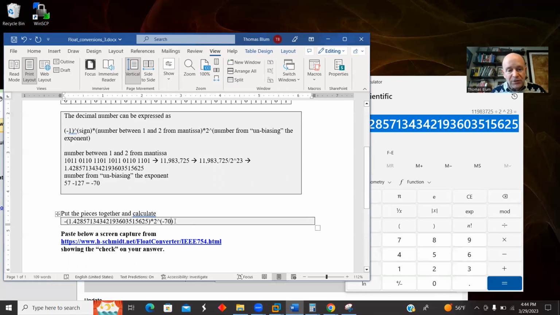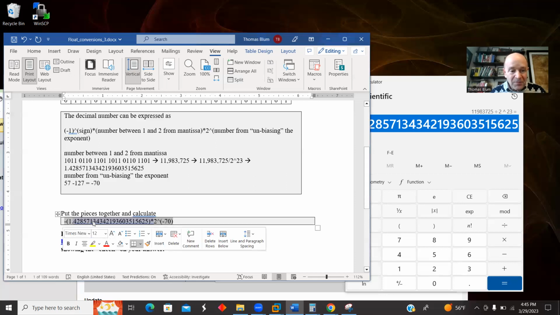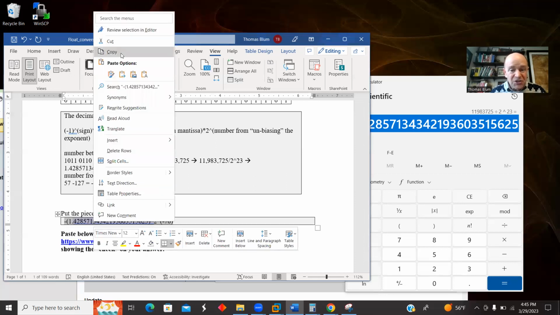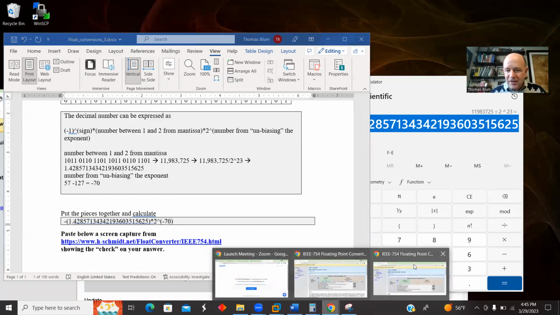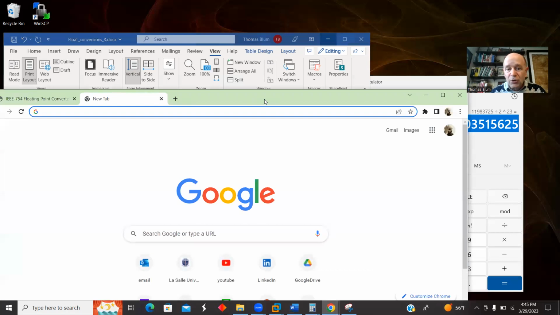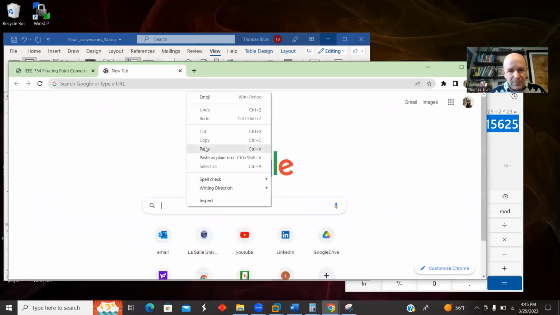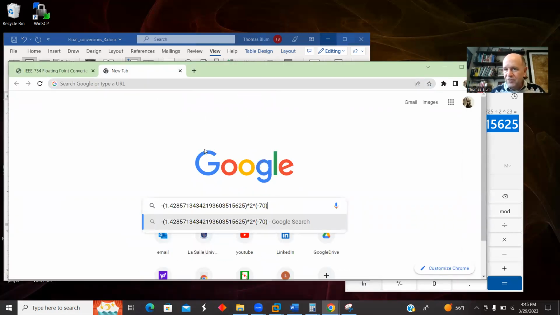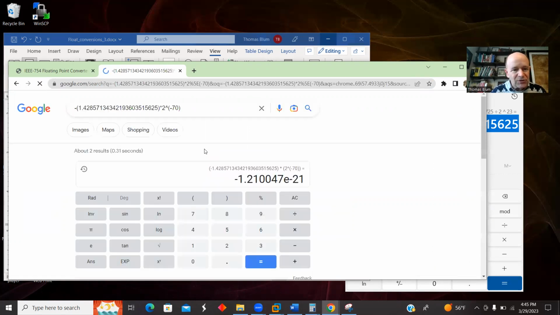And then I want to do that calculation and get it into some kind of decimal or scientific notation. For that, I think I will just use Google as a calculator. If you give Google a calculation, it's not going to look it up, it's going to do the calculation.